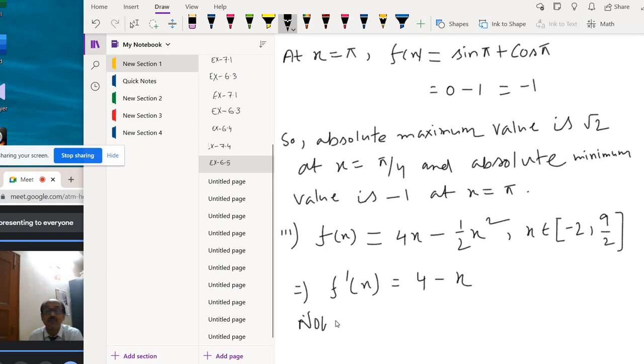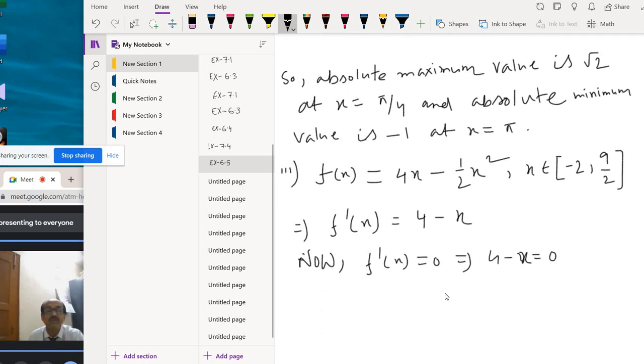Now f dash x equal to 0 gives 4 minus x equal to 0. This means x equal to 4.